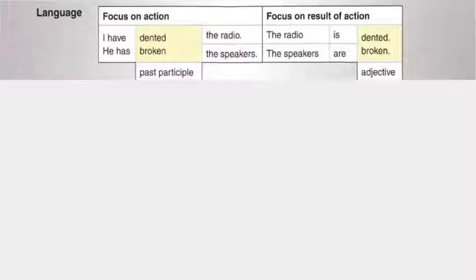Okay, but what about focus on result of action? The radio is dented. Why? Because I have dented the radio. So I have dented the radio, so the radio is dented.